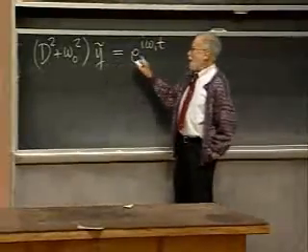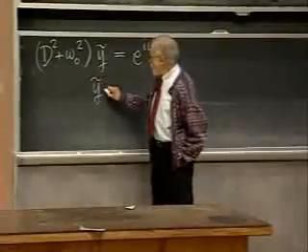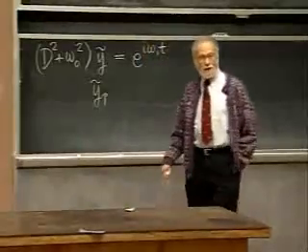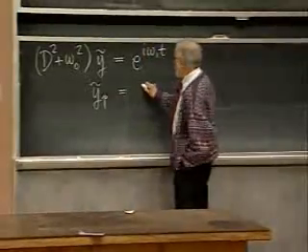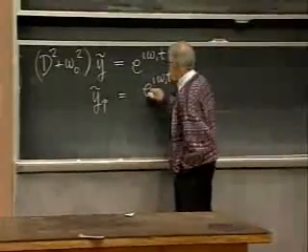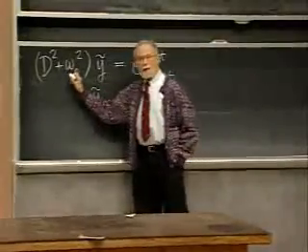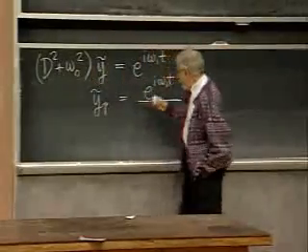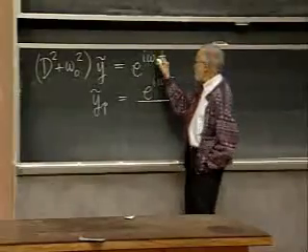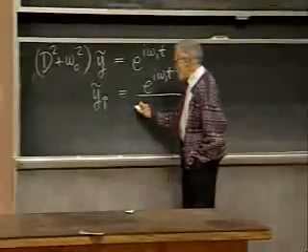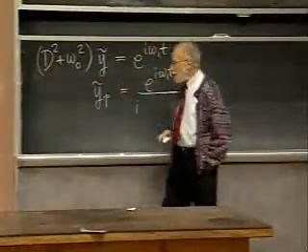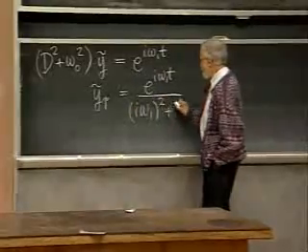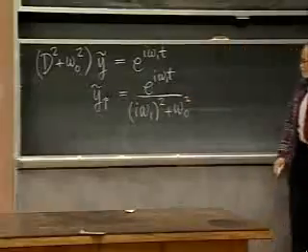Okay, so now, without further ado, the problem has been solved once and for all by using the substitution rule. I did that for you on Monday. The answer is simply e to the i omega 1 t divided by this polynomial with i omega 1, the complex coefficient of t, substituted in for D. So you get i omega 1 squared plus omega naught squared.